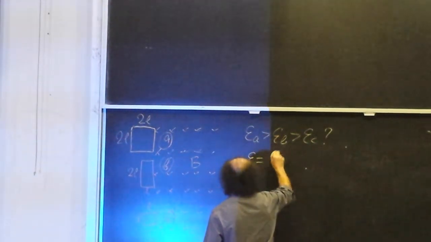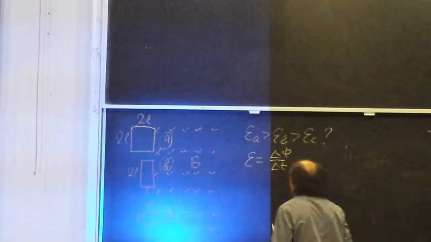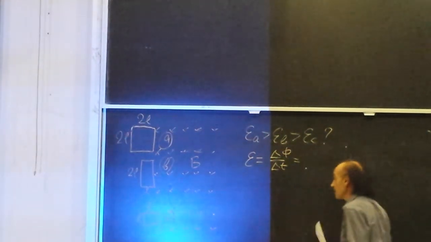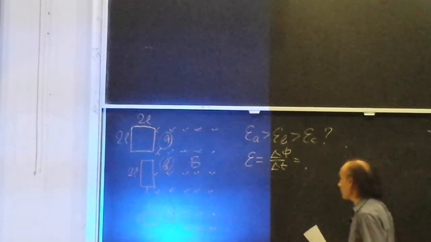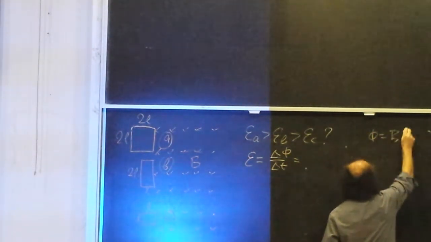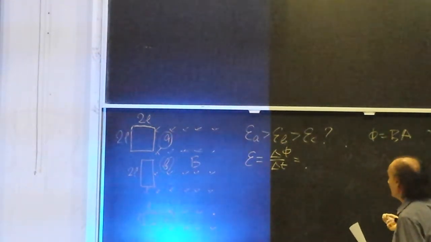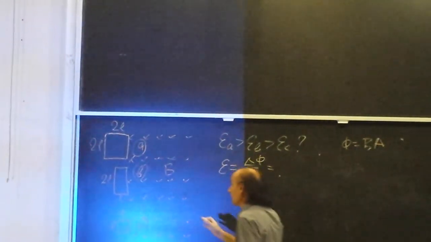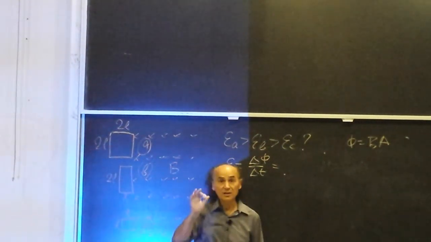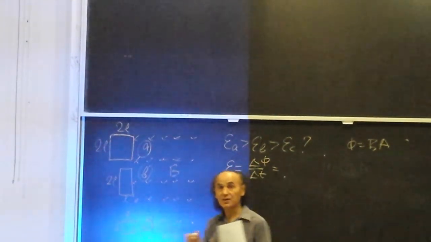So electromotive force is determined by Faraday's law. It's delta phi divided by delta t. Right? Now, what is changing here? Phi is B times A. B is constant. What is changing? The area. The area exposed to the magnetic field is changing when this circuit is entering the field.